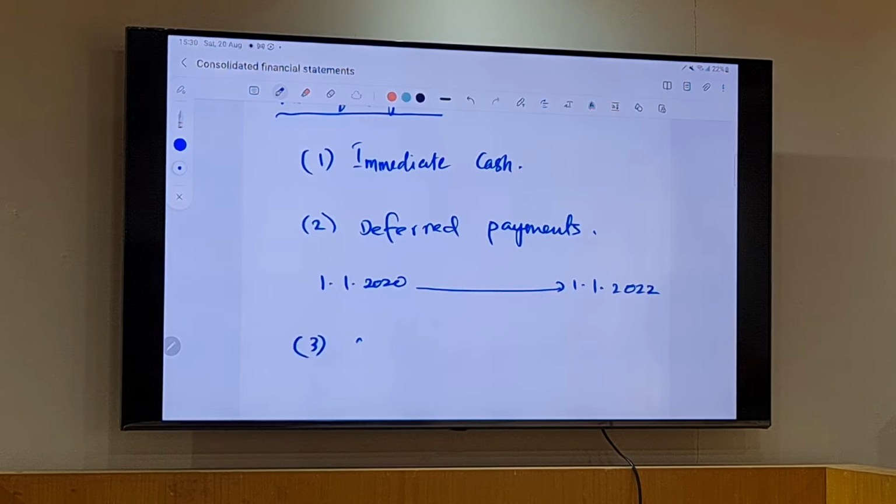Third method is contingent payment. Meaning you purchase the subsidiary. You make an agreement with the subsidiary shareholders, the owners of the company, before you buy. They negotiate.